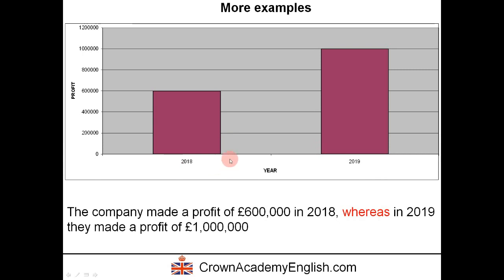You had to compare data from different years. So you used the word whereas a lot to make the contrast. Okay, so it's not just about comparing people's hobbies and preferences. You can also use it to make comparisons in time between 2018 and 2019, for example.